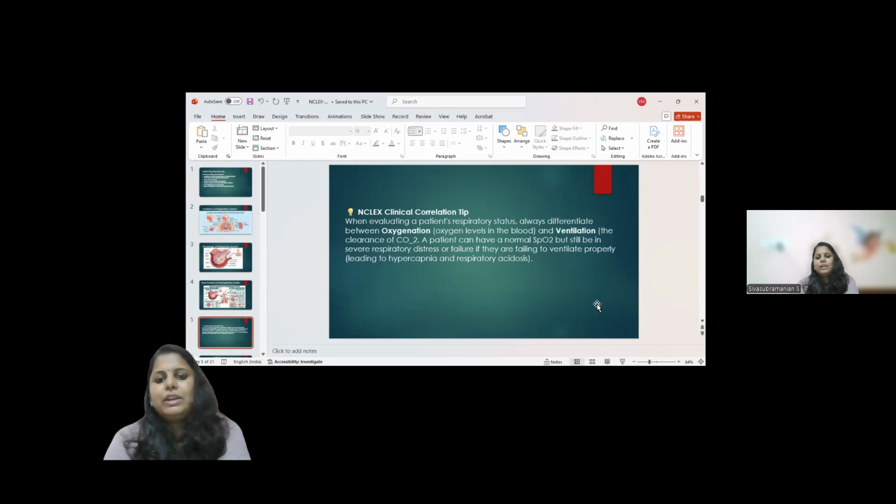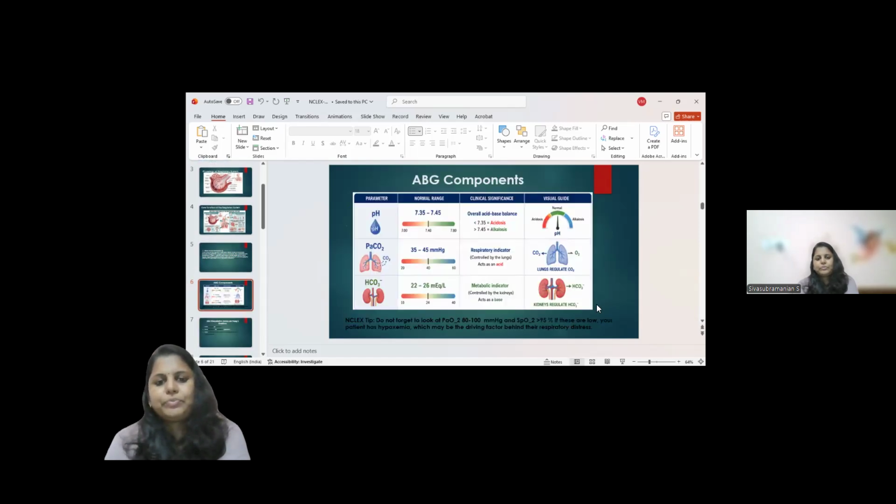A patient can have a normal SpO2 but still be in severe respiratory distress or failure if they are failing to ventilate properly. It can lead to hypercapnia and respiratory acidosis. So always remember, oxygenation and ventilation are not the same when you get questions about a normal SpO2 but an elevated partial pressure of carbon dioxide, which means the patient is retaining carbon dioxide.